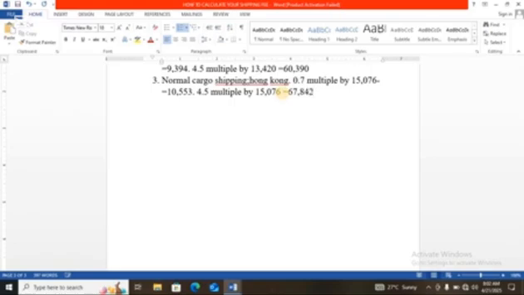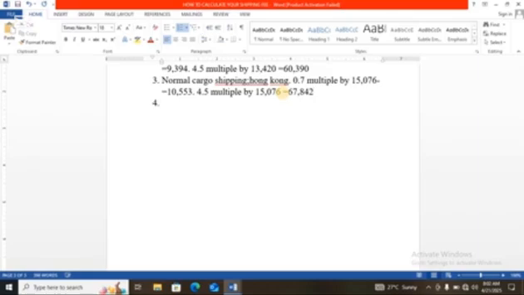So instead of paying 60,390 for goods using the Gonzo route, you're going to pay 67,842 for the same kg of sensitive goods using the Hong Kong route.